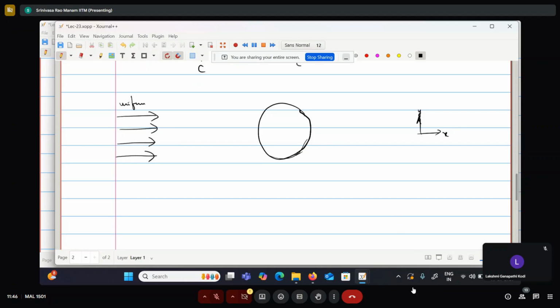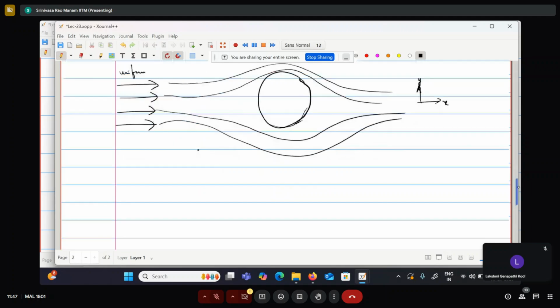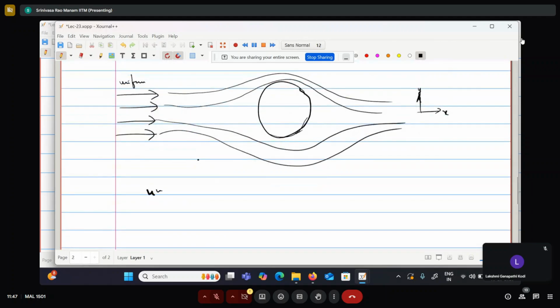So how do you visualize this? This flow will become like this, right? That is what you expect. So how do you get this flow? What I try to do here is make a uniform flow, and then plus, I make a doublet.